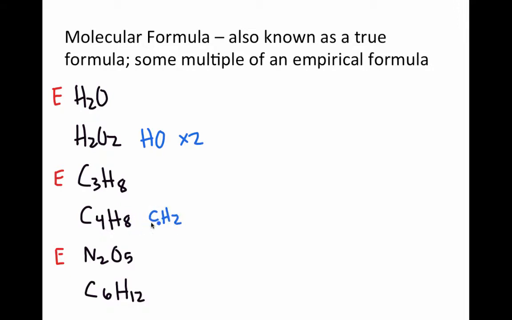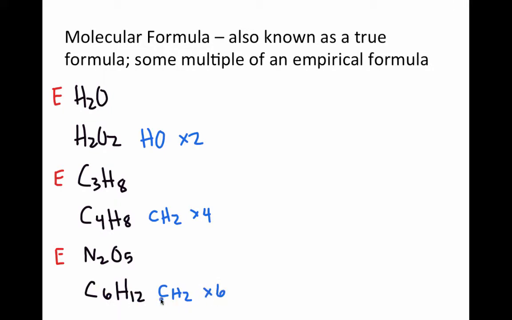And if we compare those two, CH2 to C4H8, we would say that that one is 4 times bigger. If you take a look at the C6H12, the empirical formula for C6H12 would also be CH2. And this one, if you compare the two, CH2 and C6H12, this one would be 6 times bigger.